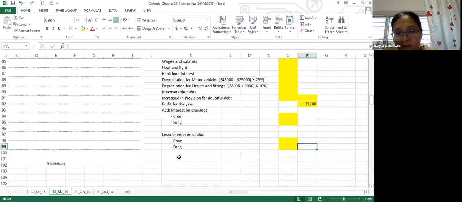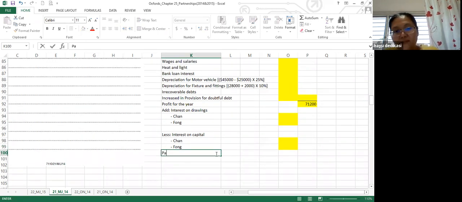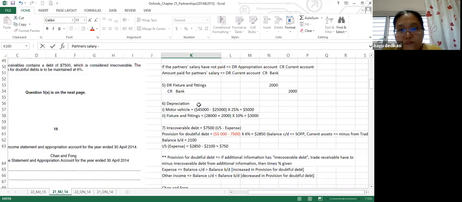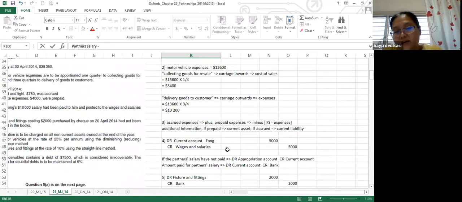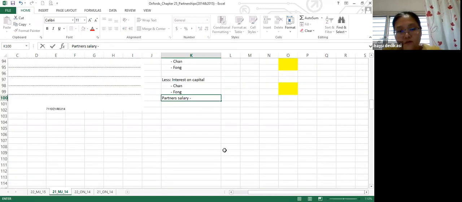Next you have partner salary. The format is the same, it won't change for the appropriation account or income statement, it's just the numbers that differ. Who gets the salary? Okay, Fong gets the salary. So Fong.